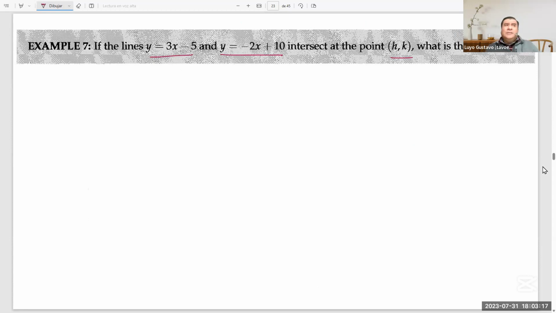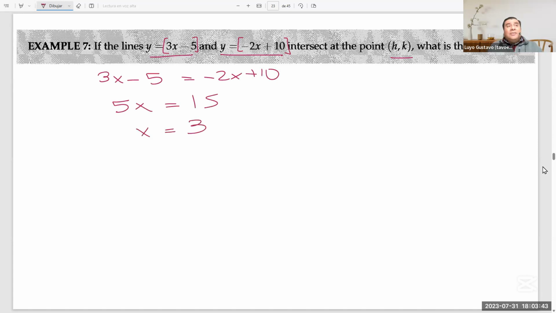But here is interesting. We already have some special format that facilitates things. What can we do? We can simply equate this and this because these expressions both represent y. So it must be true, this. Solving for x, you would have actually this. So x would be 3, and 3 would be the value of the horizontal coordinate, okay?